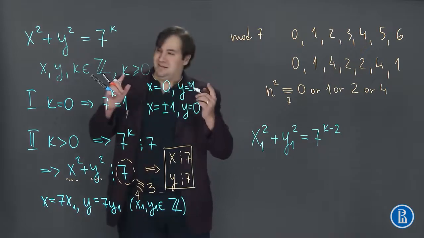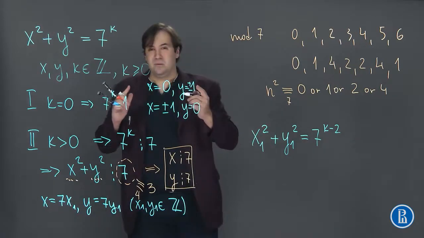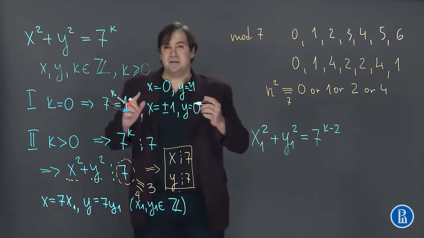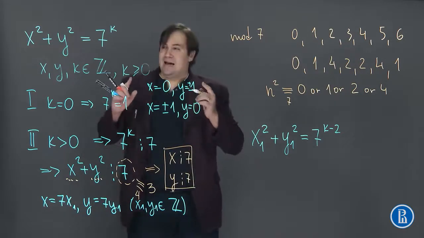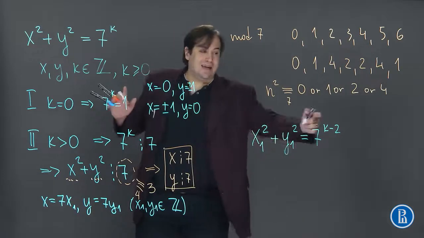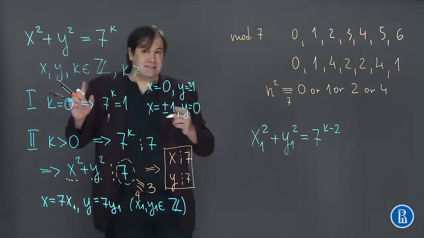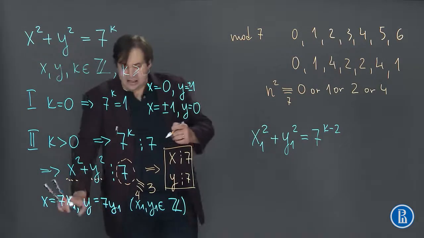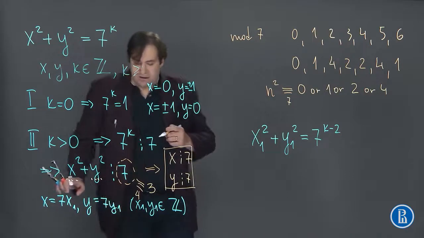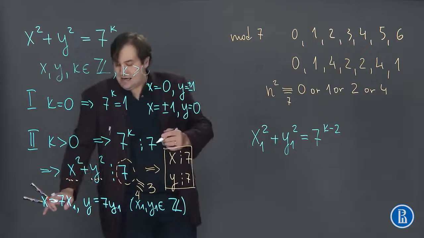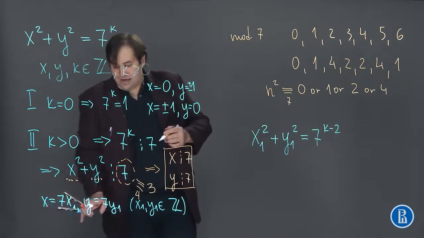Well, no, because we are studying number theory. And in number theory, we're dealing with integers. And we understand that x1, y1, and also k minus 2 are less than the initial x, y, and k, because the absolute values of x1 and y1 are strictly less than the absolute values of x and y.